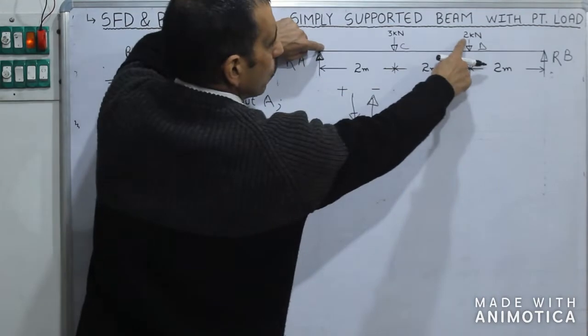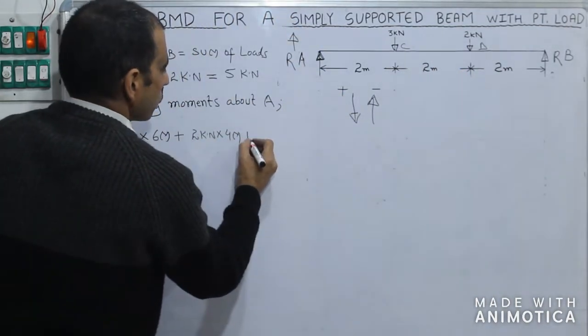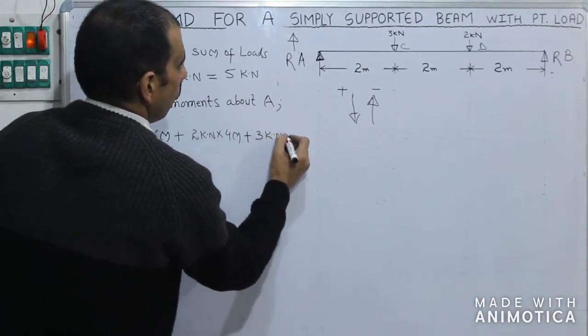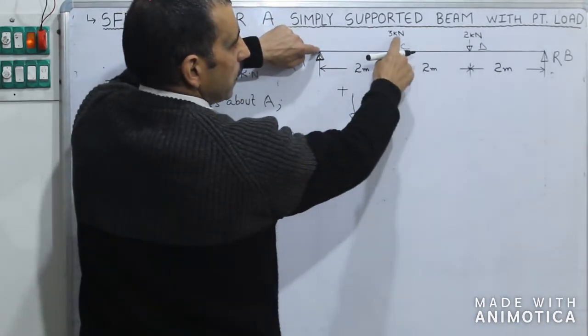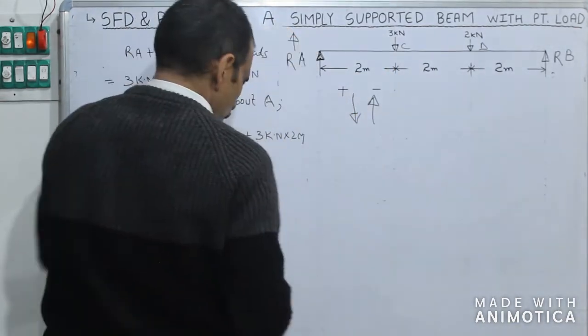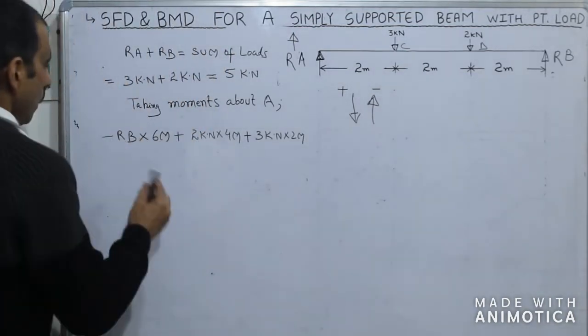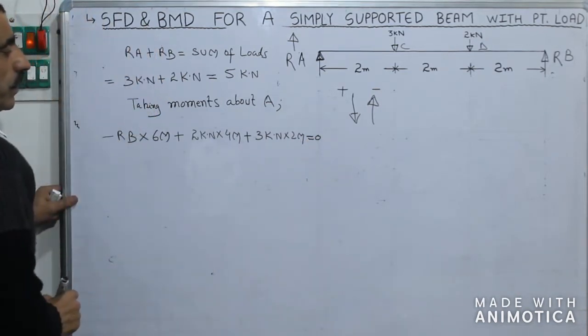Second force is 2 kilonewton, it is at a distance of 4 meters, plus 3 kilonewton multiplied by 2 meters. Third one is 3 kilonewton, it is at a distance of 2 meters, right? Now, sum of moments is 0.